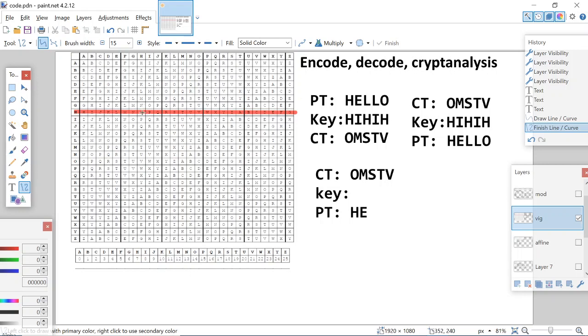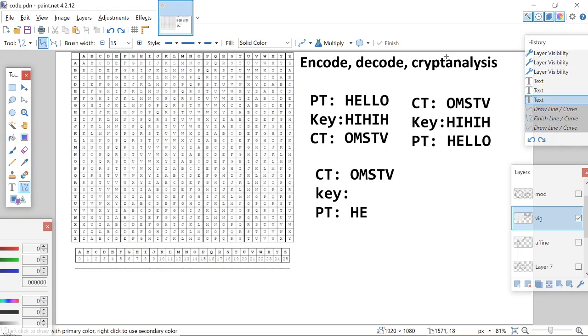Instead, look for O here and then go up. You'll find H. You get messed up like that a lot, but after you know that, just make sure you remember which direction you're going in. If you're looking for the key or the plain text, remember, ciphertext is always inside. It's always one of the intersections, not the row and column that you go down. All right, it's pretty simple.